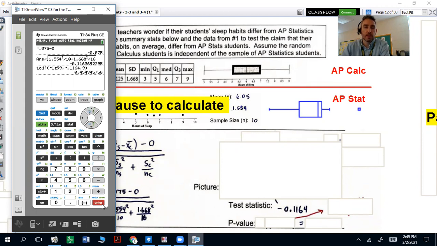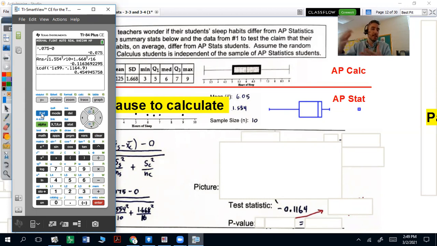Now that number represents your p-value if you were going just below it. Now remember, this is a two-sided test. So you have to double that p-value. So think about what happens. If I were to do this picture just a less than, I'm going anything as extreme as negative 0.1164 or less.